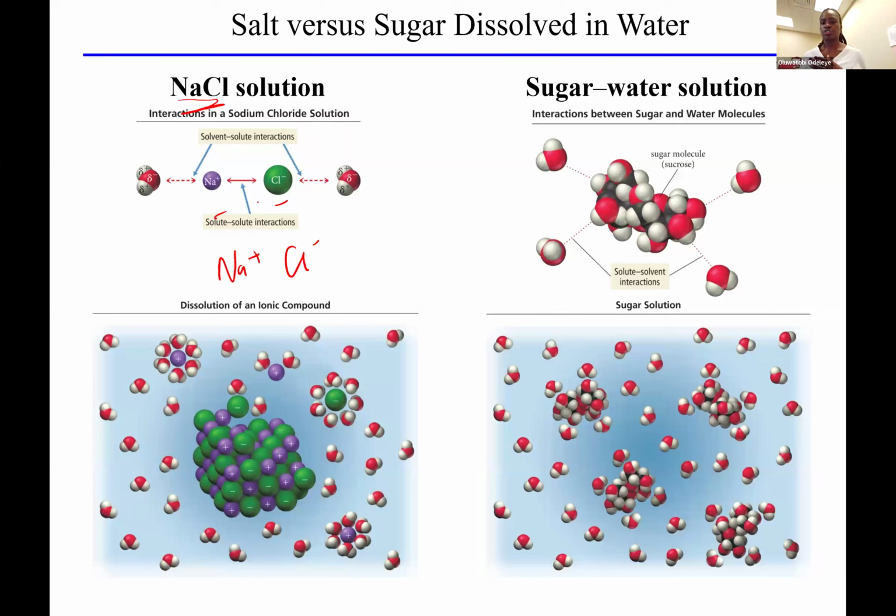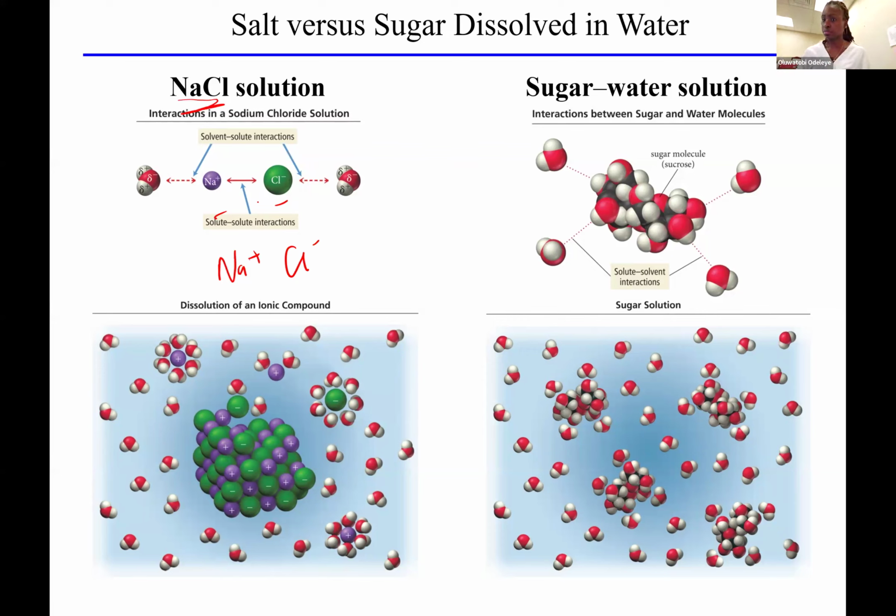And the way the solution will form is the sodium ion gets surrounded by water. So sodium is positively charged. Polar water molecules being polar means one side is negative, one side is positive. And so sodium is going to be surrounded by the negative part of water. The chlorine, which is negatively charged, will be surrounded by the positive part of water. And that's how the solution forms.